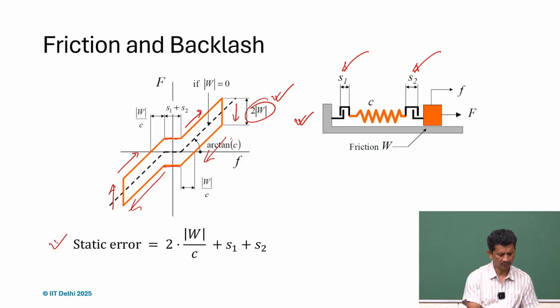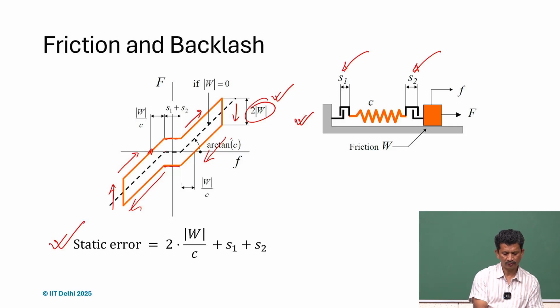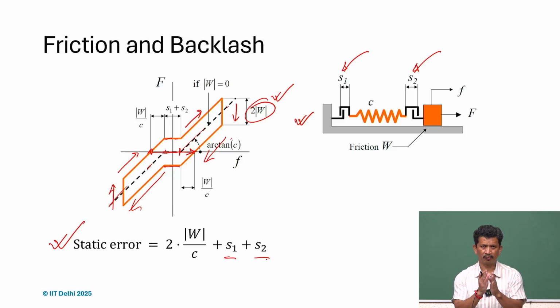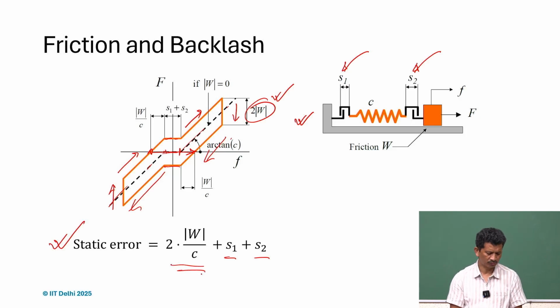So if we look at total play, it is from here to here, and we realize that when W is not there, this is because of the play in the system, S1 plus S2, but we also have to include this component, which is the virtual play associated, so 2W by C. So this will be the total uncertainty.